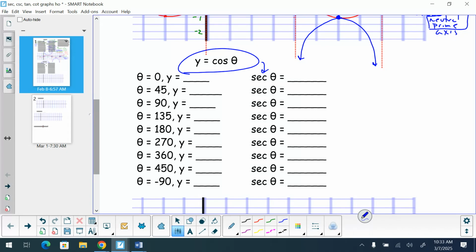Now we're not going to do all of our values here. We're just going to look at y equals cosine of theta. Our amplitude is 1, period of 360, vertical and horizontal phase shift are both equal to 0. A very general equation here.